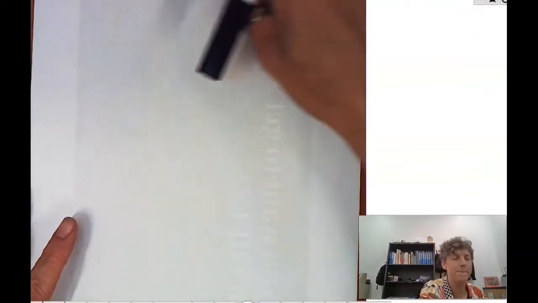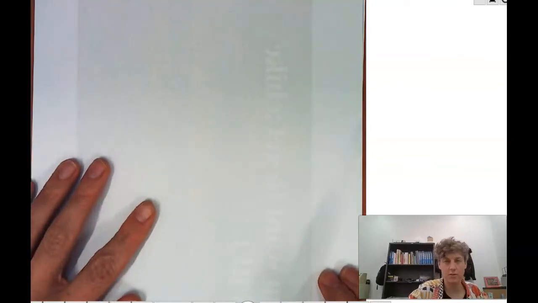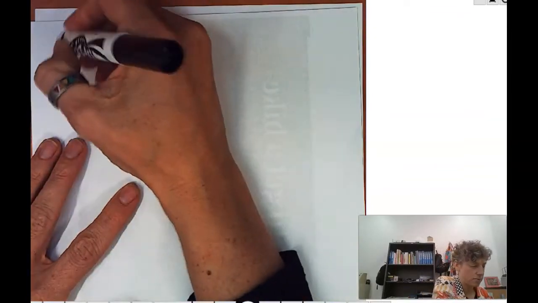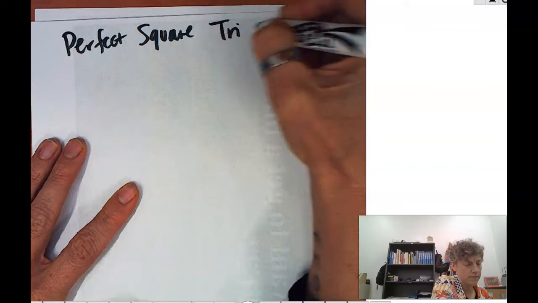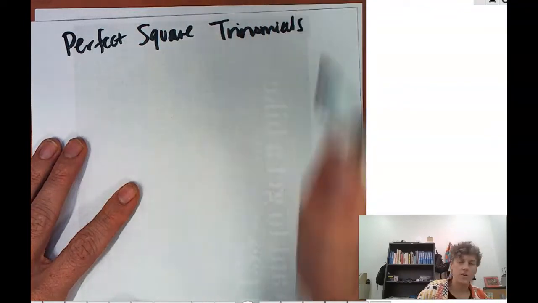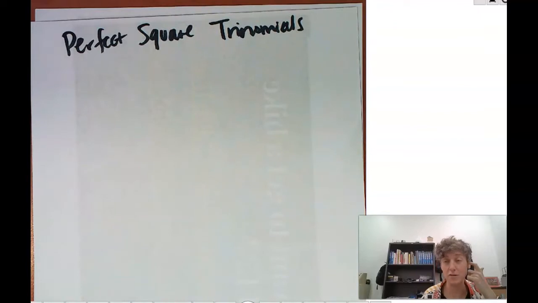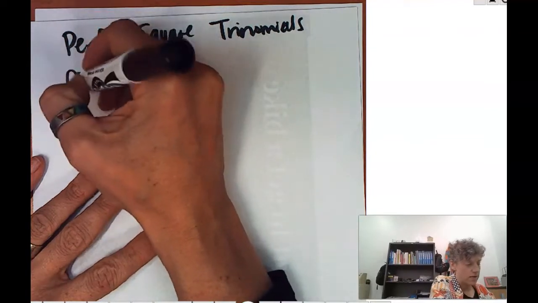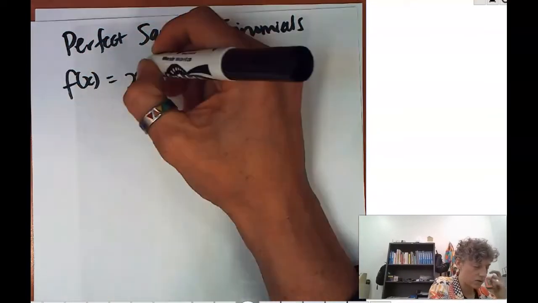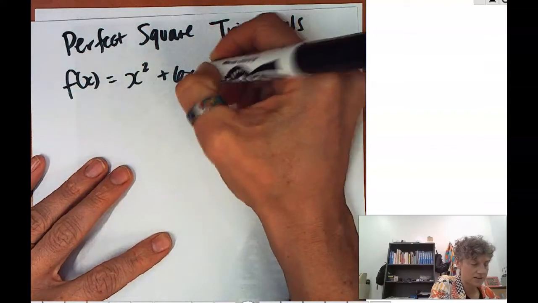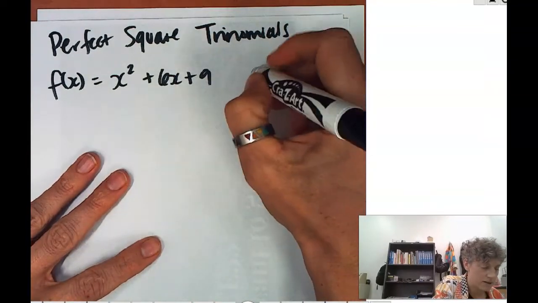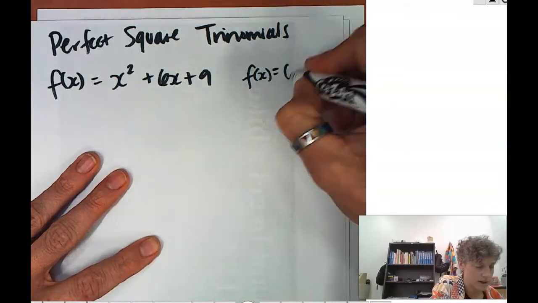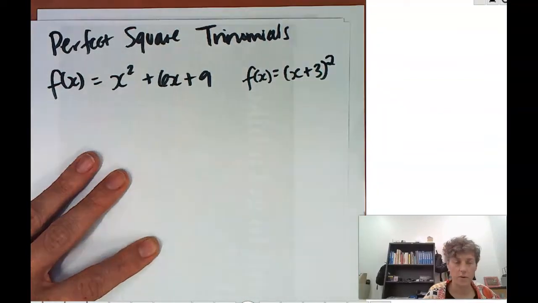So let's actually look at a bunch more perfect square trinomials and see if we can see a pattern. All right, so I'm just going to give them to you. I'll leave it as an exercise to the reader to do the actual factoring if you wanted to. So f of x equals x squared plus 6x plus 9 is a perfect square trinomial. Its factored form would be f of x equals x plus 3 squared.